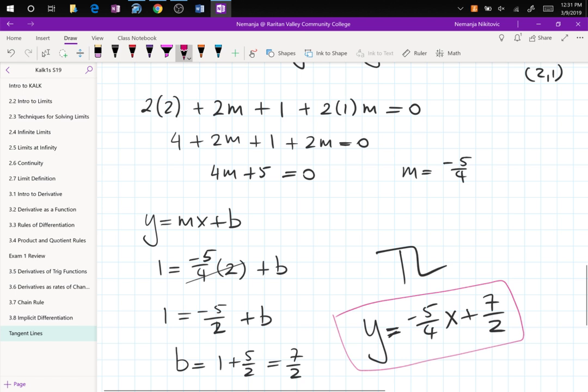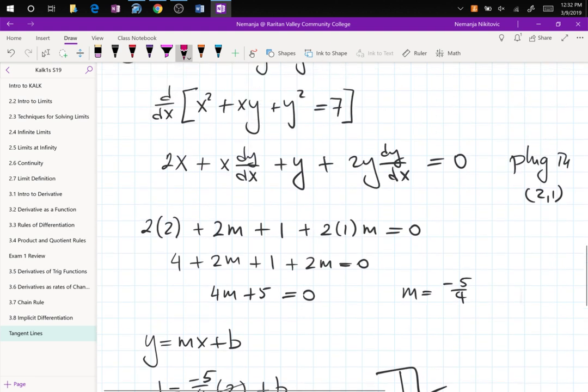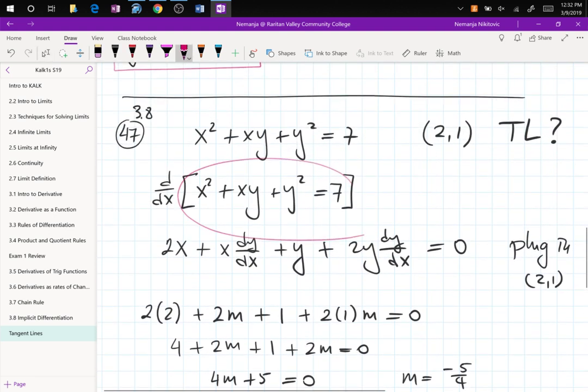Every section in chapter 3 will have tangent line problems. The only thing that is different between section to section, problem to problem, is what type of derivative you are going to take. Is it chain rule, product rule, basic, whatever you have, you go and you take that derivative.